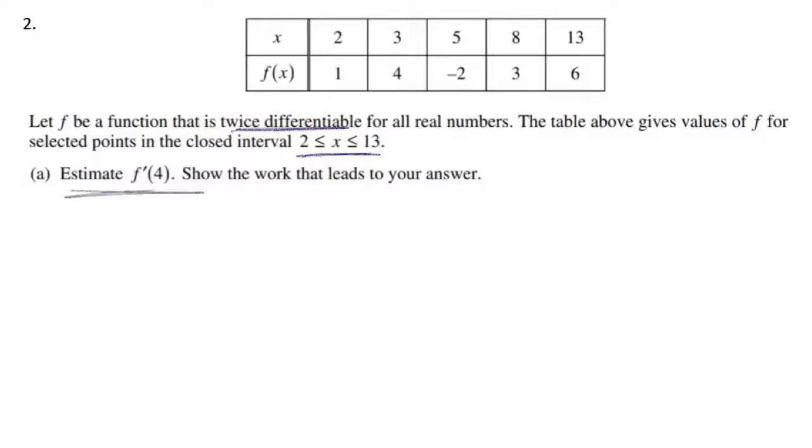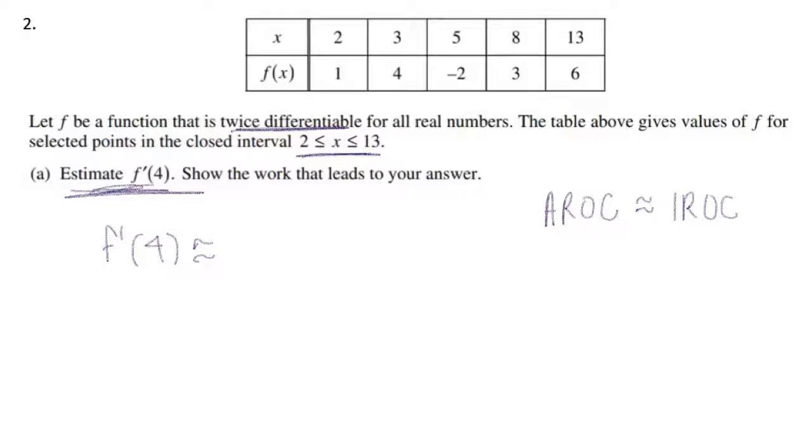Now we need to estimate F prime at 4. So this estimate means F prime at 4 is approximately. And this is back at the beginning of the school year. We talked about an average rate of change and how we can use that to estimate an instantaneous rate of change.